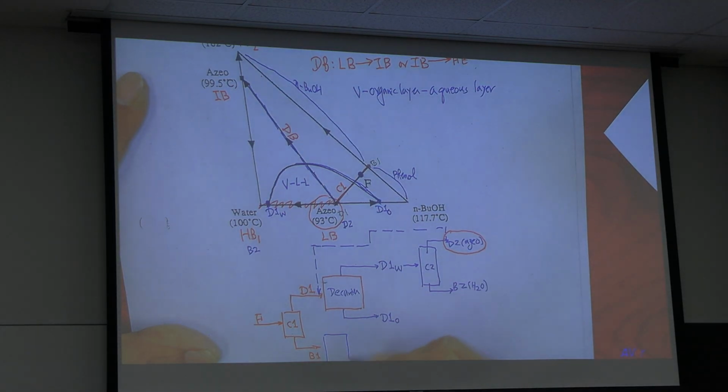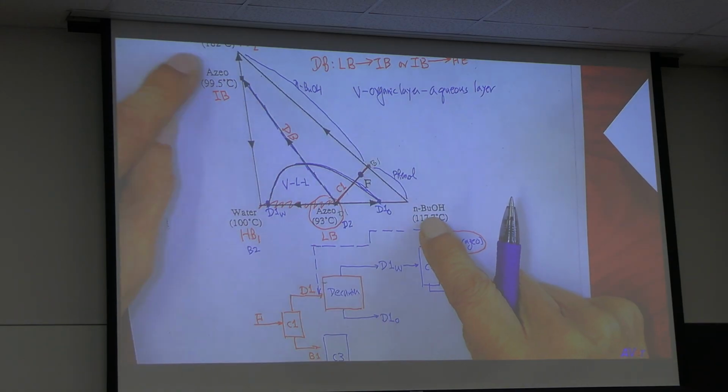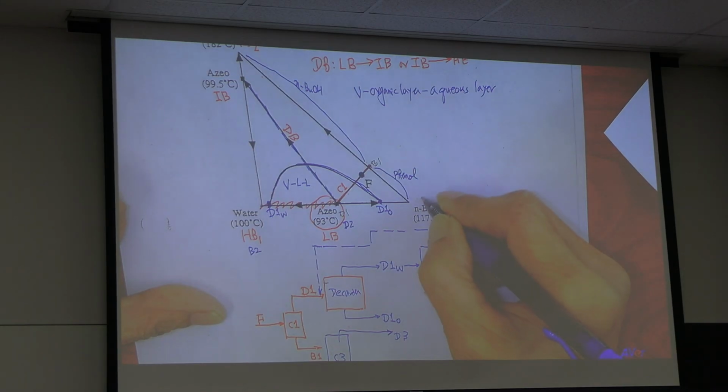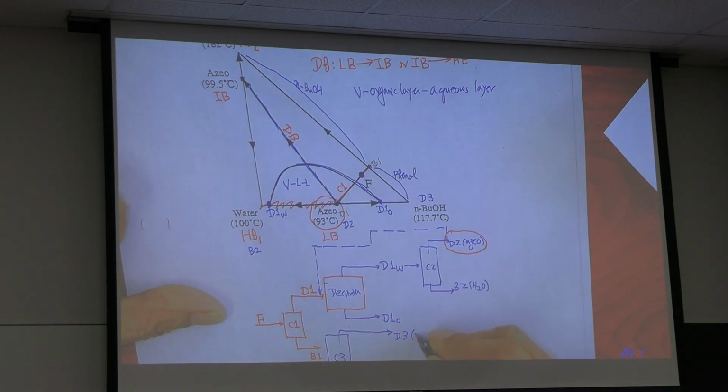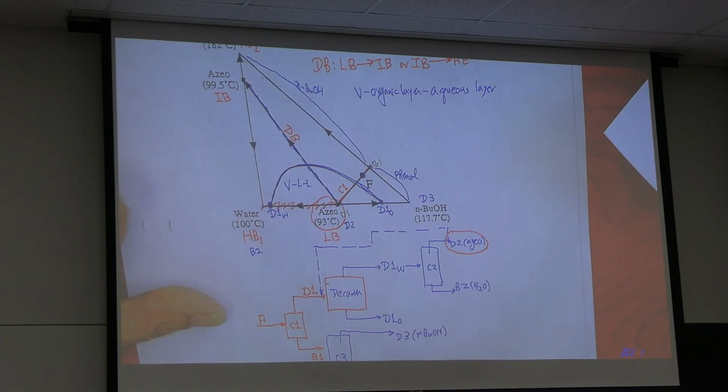So C3, overhead, lower temperature, bottom, D3, normal butanol, bottom, phenol.